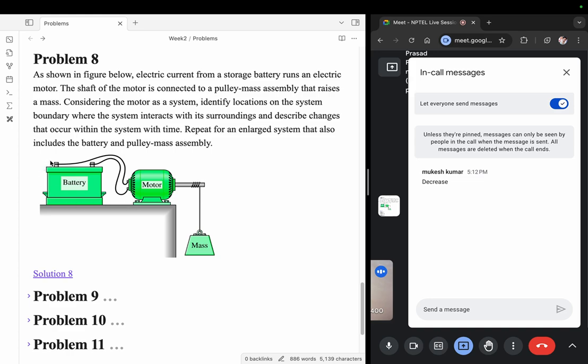Let's say I'll only consider the battery as my system. If I draw a boundary over the battery, what is it cutting? Let's say it is not cutting the battery, but is just outside the battery, then what will cross the boundary? One is the air, and second is the wires crossing it.